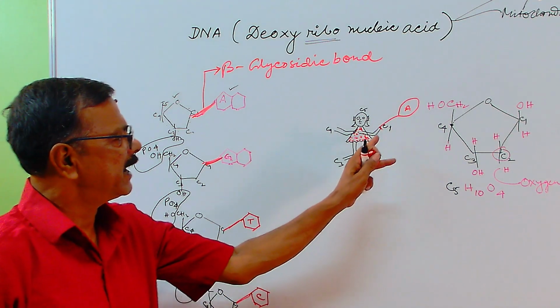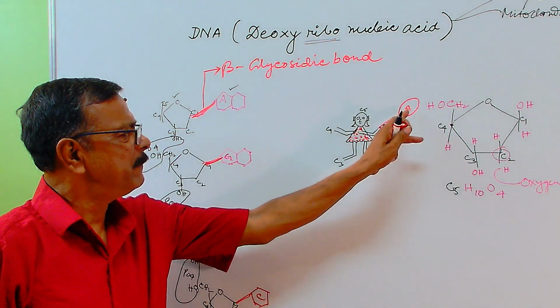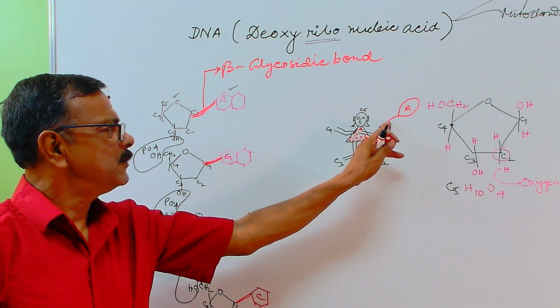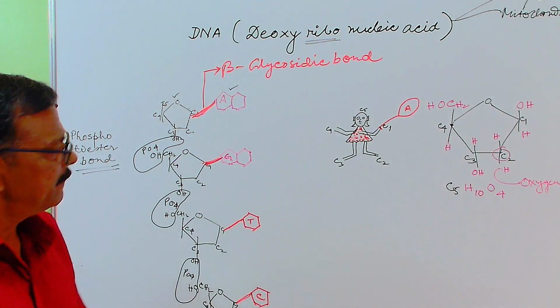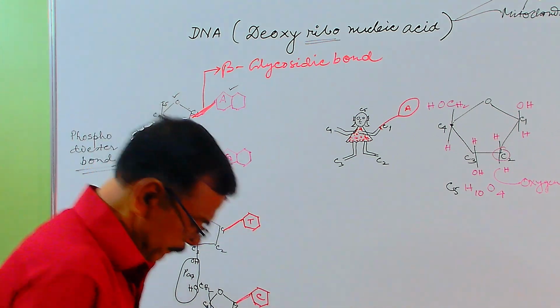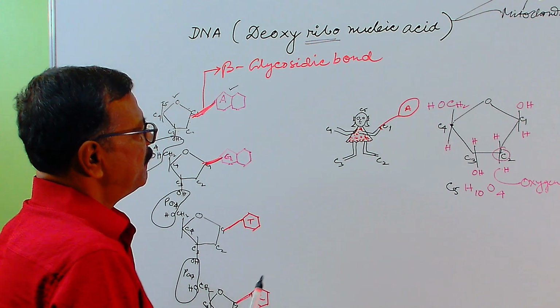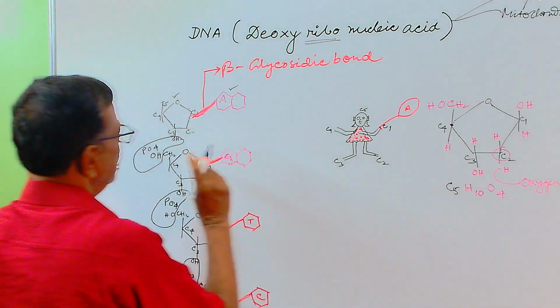You will never forget that in her left hand she is holding a balloon, that is the nitrogenous base, with the help of glycosidic bond. And at C5, if we put phosphate here, this is known as adenosine.